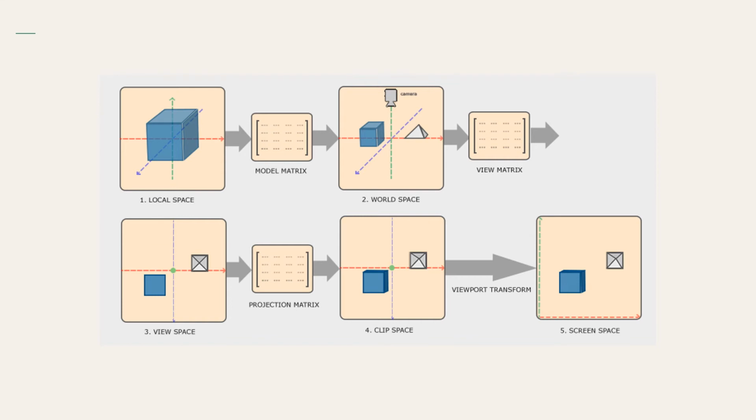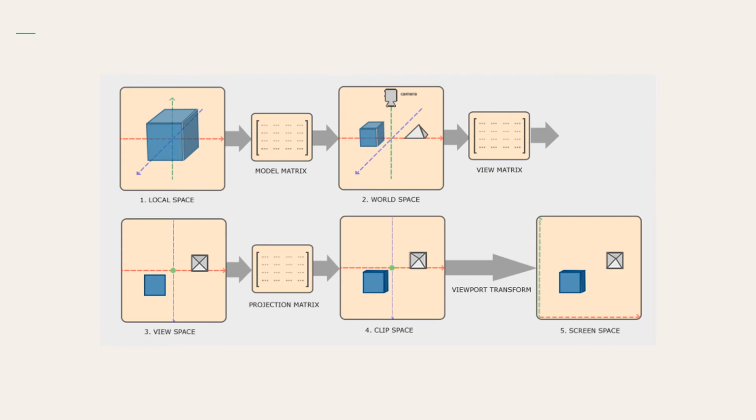You multiply that by the model matrix to get it located somewhere in your scene. You then multiply that by the view matrix, which is the camera's position and orientation. You then multiply that by the projection matrix, which defines the field of view of your camera and the aspect ratio. At that point, you've finally landed in clip space, which is what the rest of the graphics pipeline uses for processing.